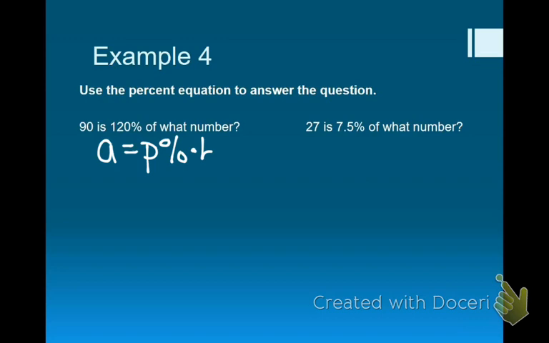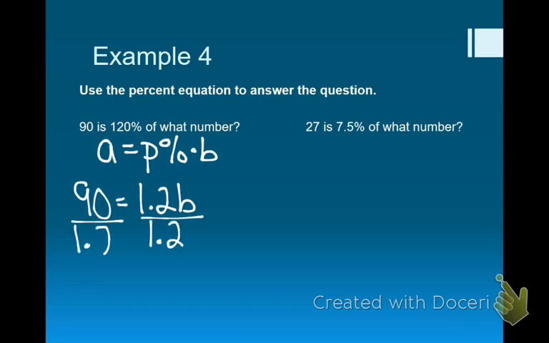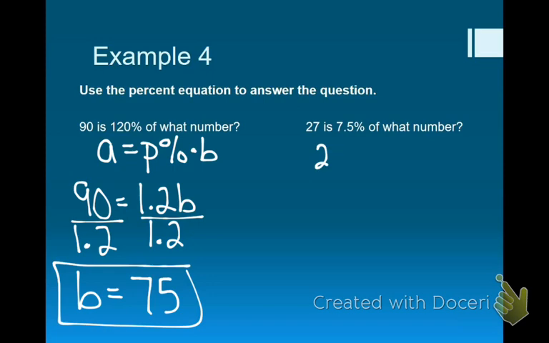A. It goes in for A, equals P percent times B. 90 equals 1.2 B. Did you change it? Yes, I did. Okay, now what do I do to solve for B? Divide by 1.2, and you get 75. Who got 75? All right, that's the majority.